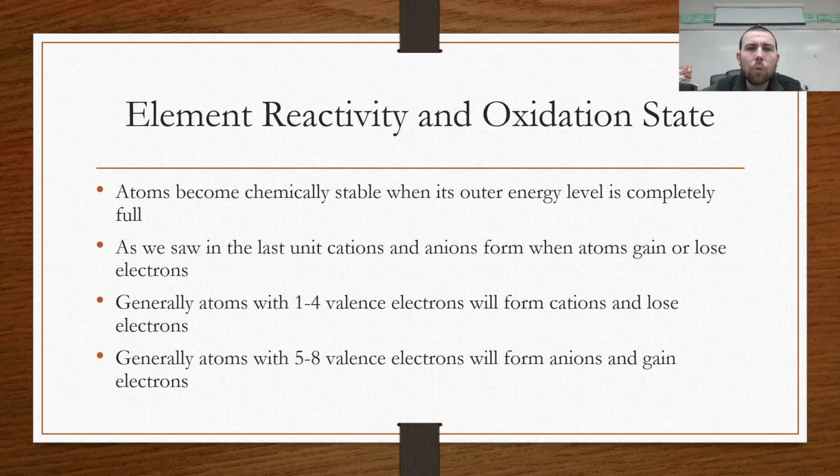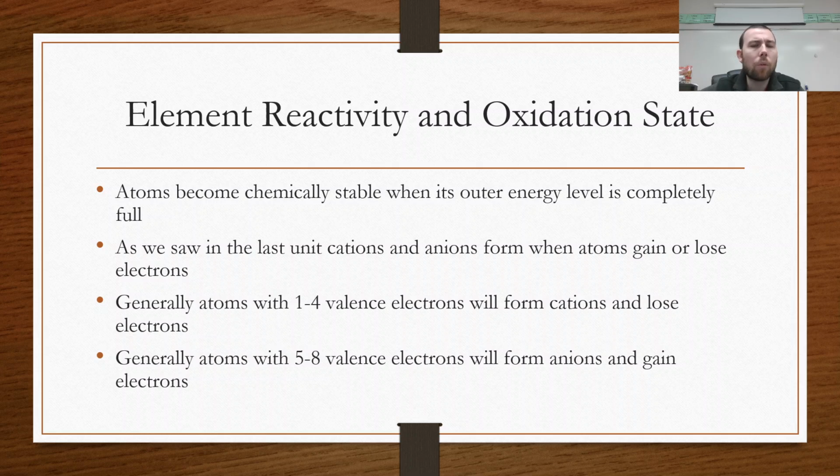And so looking at the periodic table, in general, a pattern that we see is that atoms that have between 1 and 4 valence electrons will typically form cations and lose electrons. That's not always the case, but in general, elements with 1 to 4 valence electrons lose electrons and form cations.